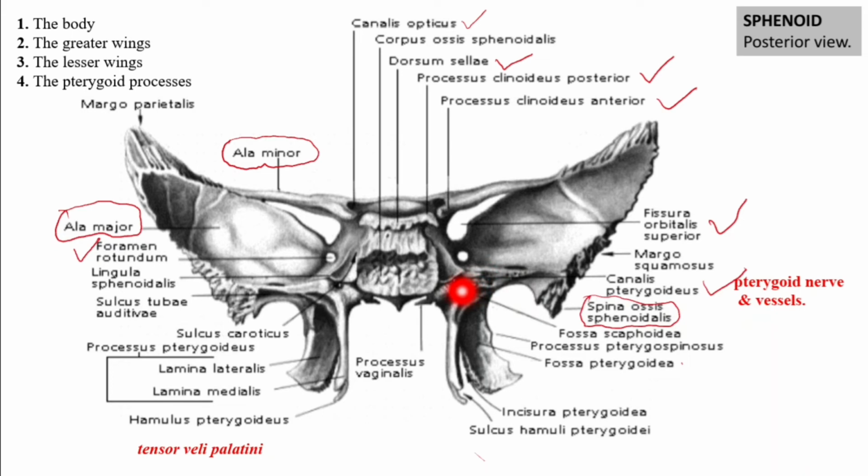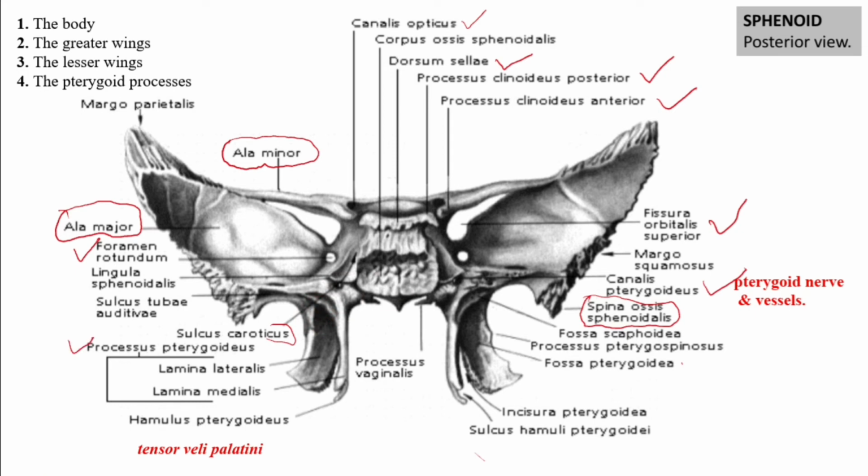It's very important because it transmits the pterygoid nerve and vessels. Just below that there is a groove for the carotid artery. I told you this one is called sulcus caroticus.